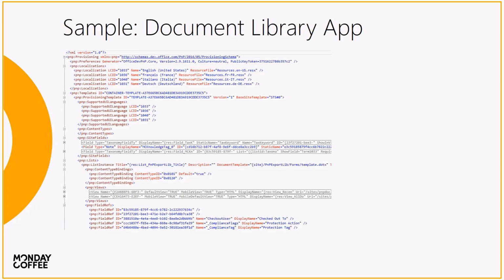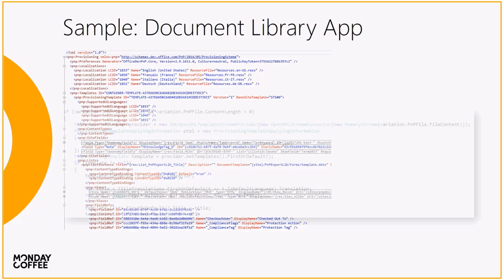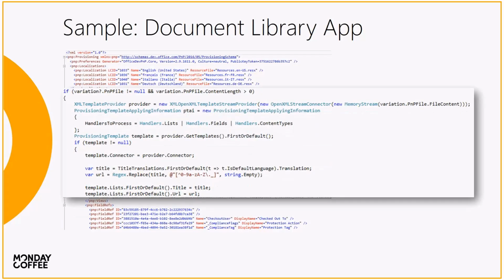And what we do in the code, in the backend, is use the provisioning handlers to say, okay, when you install a new document library, just provision lists, fields, and content types. So we are not using PnP provisioning to provision the full site, but to provision just a library and provision multiple instances of this library as well.